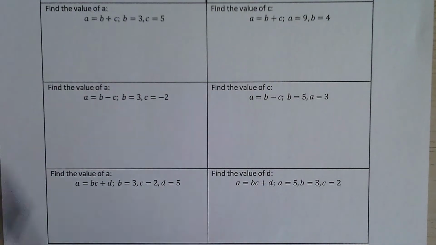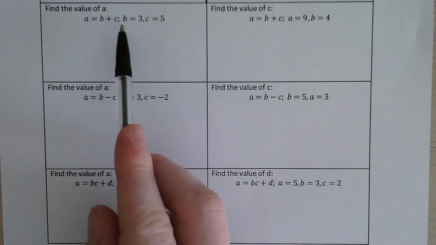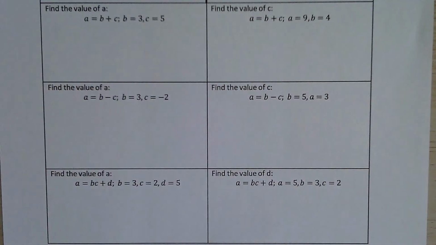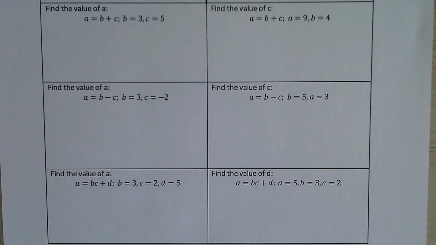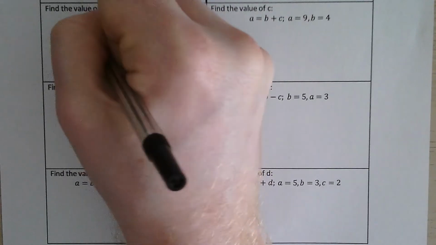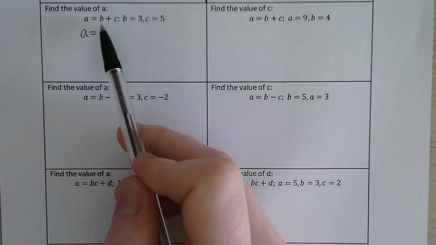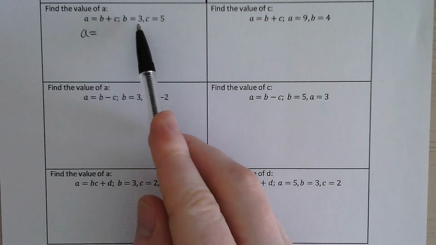So in our first question, we're being asked to find the value of a, where a equals b plus c. But we're told the value of b and we're told the value of c. So our method here is that we're going to write on the next line the values of the variables that we know. We don't know the value of a, so underneath a we will keep writing a. The equal sign will drop down, but instead of writing b, I'm going to do a substitution and replace b with the number 3.